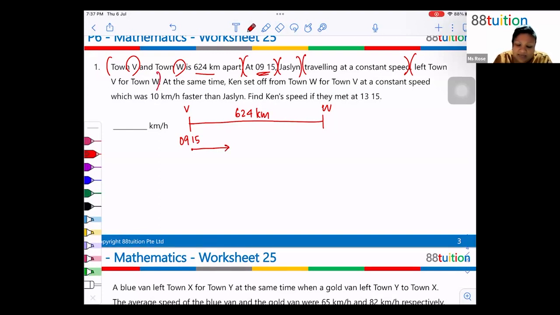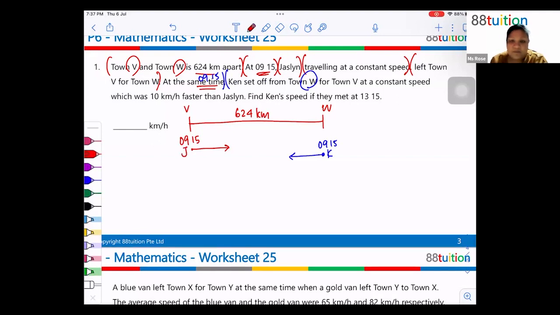At the same time, which is at 9:15 as well, Ken set off from W. That means he is coming from the opposite direction.